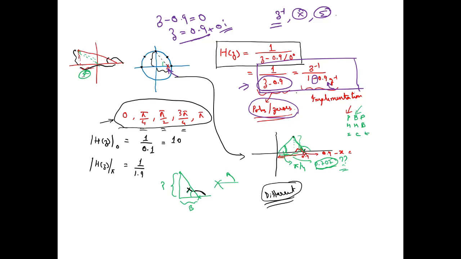We can write plus of minus of 0.9, so it goes into the adder with this minus sign, and what is left is this z inverse, which will give you the delay. So while you are implementing the filters, we have to use the z inverse equation. If it is not there in the z inverse terms, you have to convert it into the z inverse terms and then proceed with the numerical.